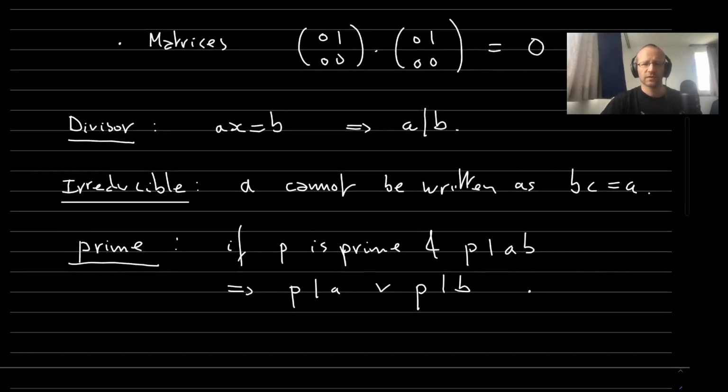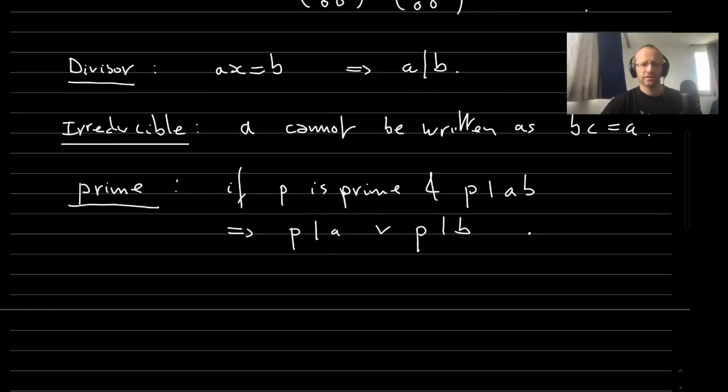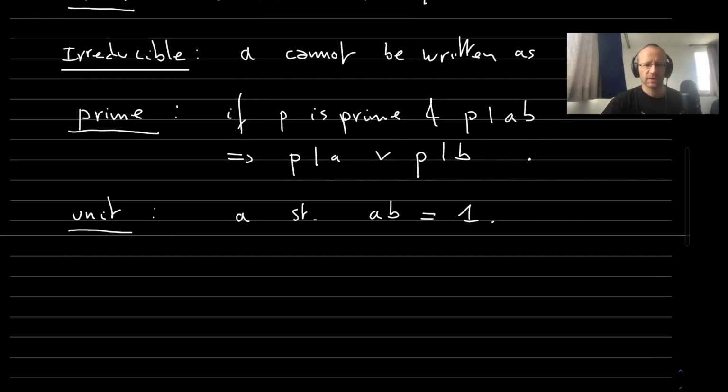Note that both irreducible and prime is a generalization of prime in the integers. We can also define a unit. A unit is an element A such that there exists an element B such that A times B is 1. Then A is a unit in our integral domain.